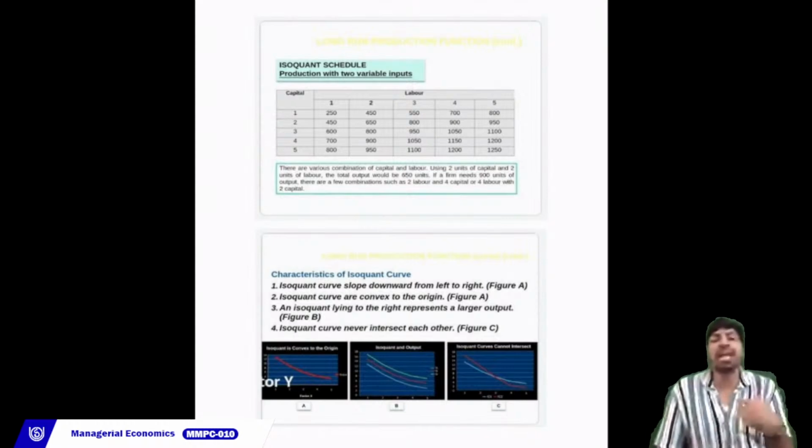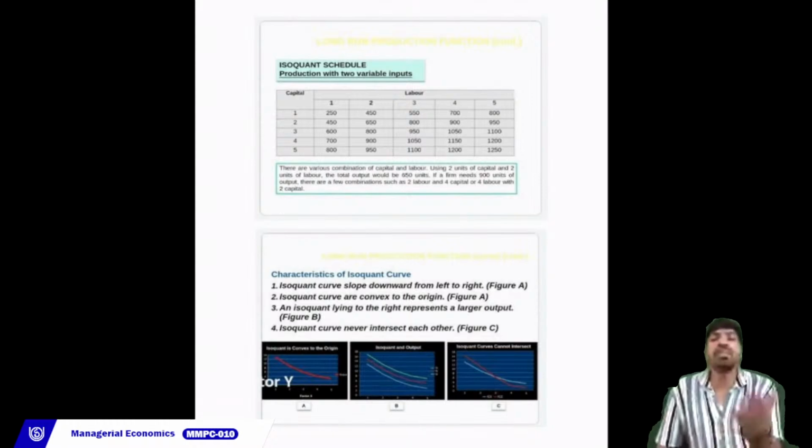So by this isoquant schedule, any combination that yields the same level of output shows that by combining the two factor inputs, the same output has been produced. The isoquant schedule is a representation showing two different factor inputs, namely labor and capital, with their respective levels of output.